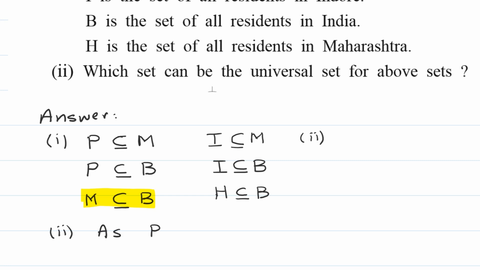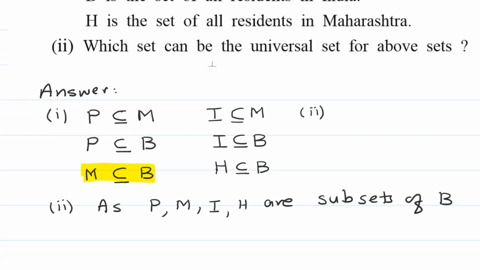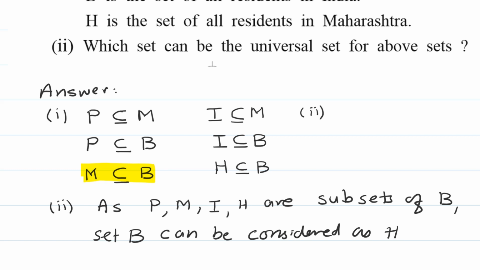So as P, M, I and H are subsets of set B, set B can be considered as the universal set.